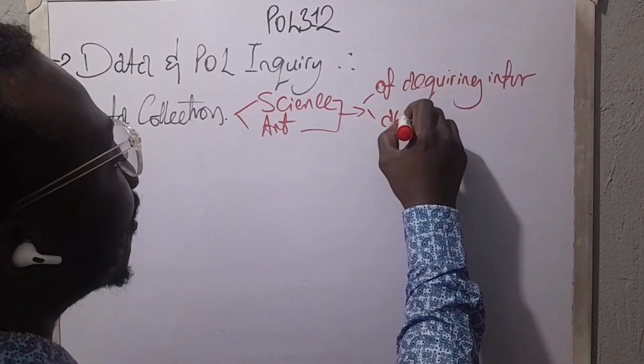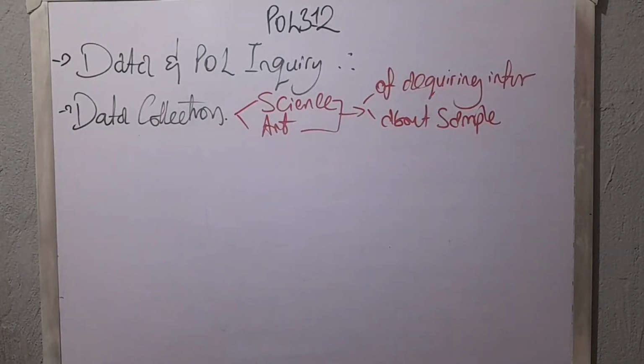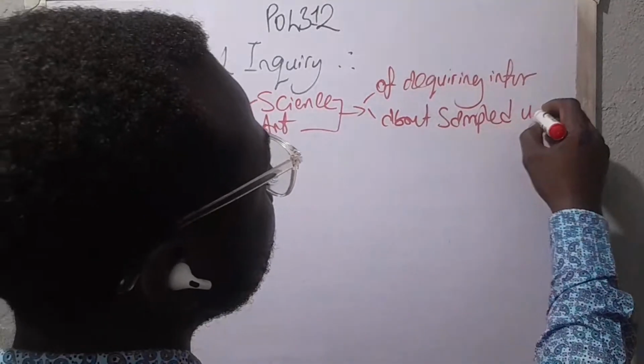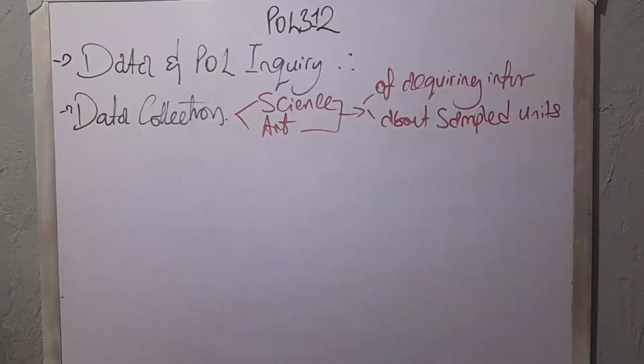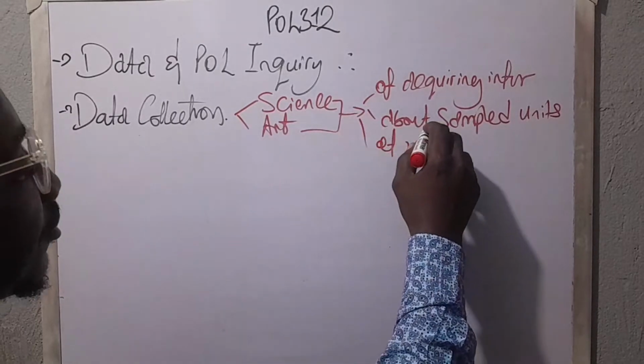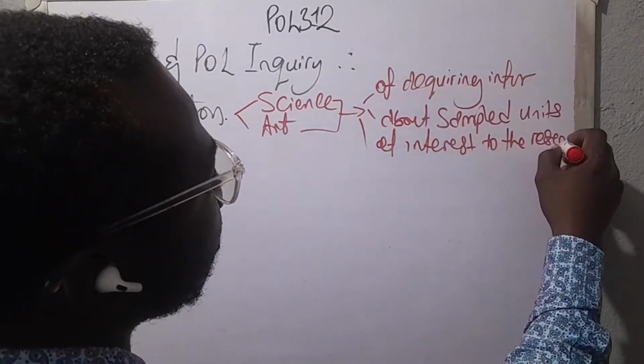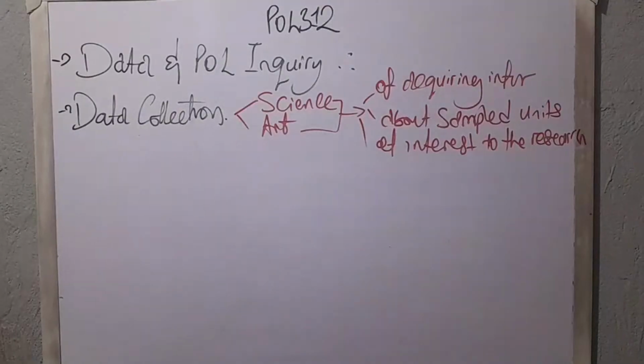Information about sample units of interest to the researcher. Now, it is a process of obtaining relevant information regarding the major idea in the study.